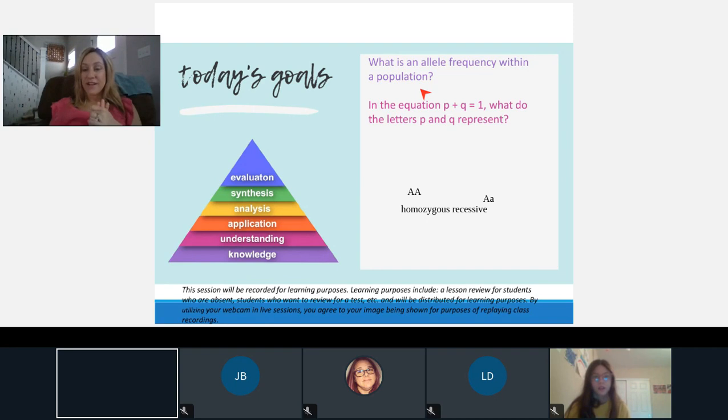You're right. It's a group of living organisms, good, of the same species that reside together in a certain geographic location, right? So I can't say all chickens everywhere are a part of the same population, because that's not true. They're a part of the same species, but they're not a part of the same population.